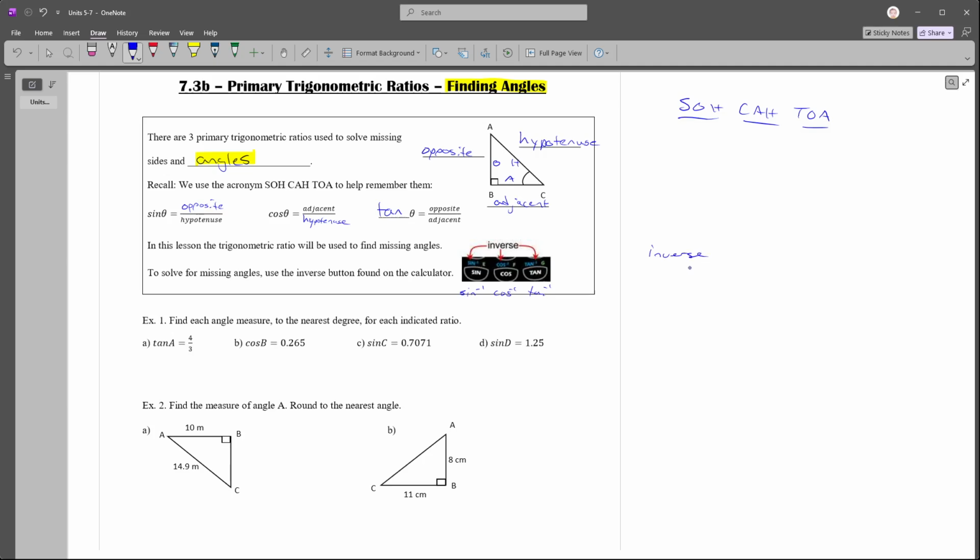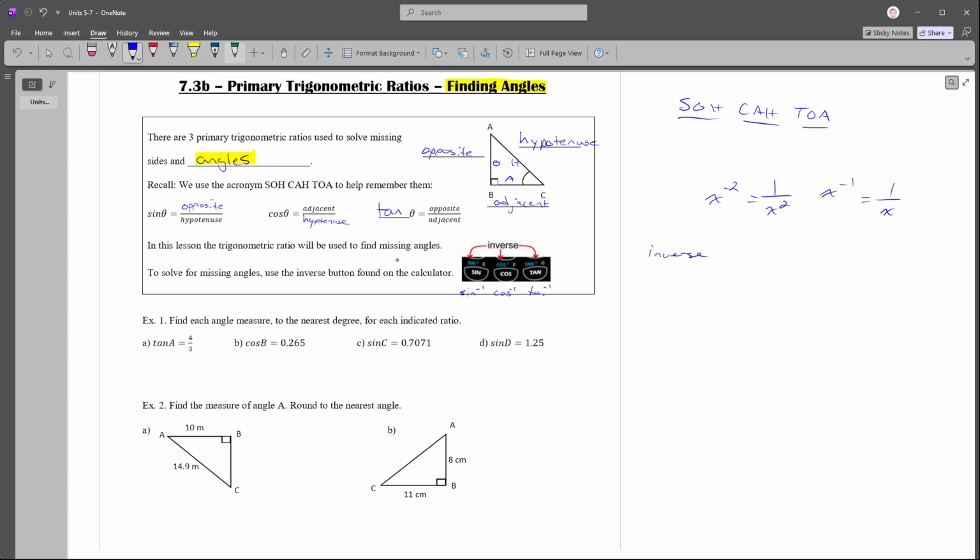Okay? Now, this is actually a bit of bad notation, okay? Because whenever we have a value to what looks like a negative exponent, so let's say I have a value of x to the -2, that can actually be written as 1 over x to the power of 2. If I have x to the power of -1, that could be written as 1 over x, because the 1 would be the power here.